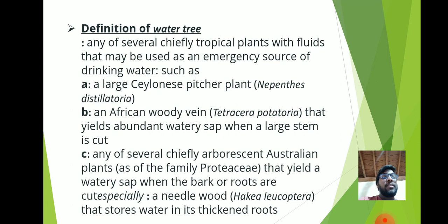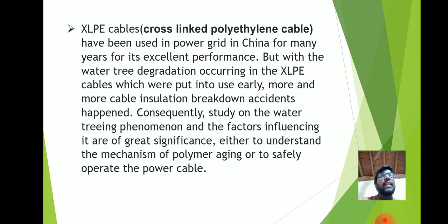Next one is what are XLPE cables? XLPE cables are the cross-linked polyethylene cables. These have been used in power grid in China for many years for their excellent performance.